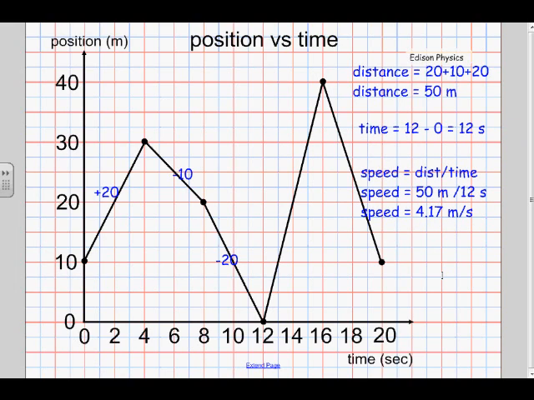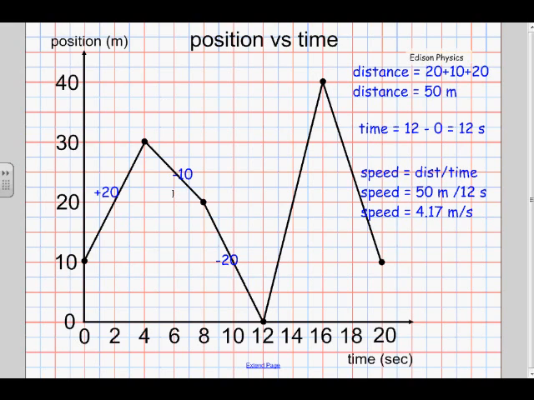Now you look at the graph and you say, wait a minute, 4.17 meters per second, we were going fast here, a little bit slower, maybe even a little bit faster. How do we come up with one number for these three different things? All right, well, this is another interesting part of physics.